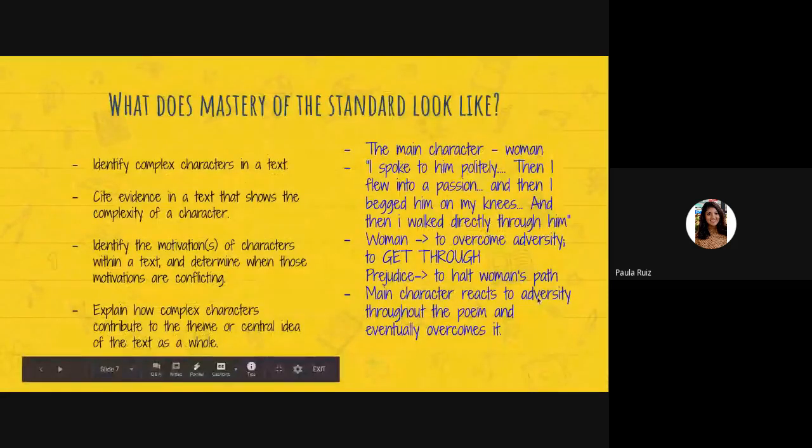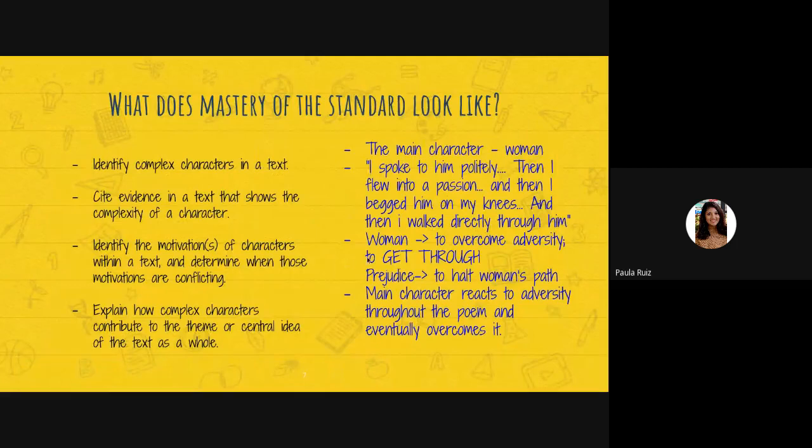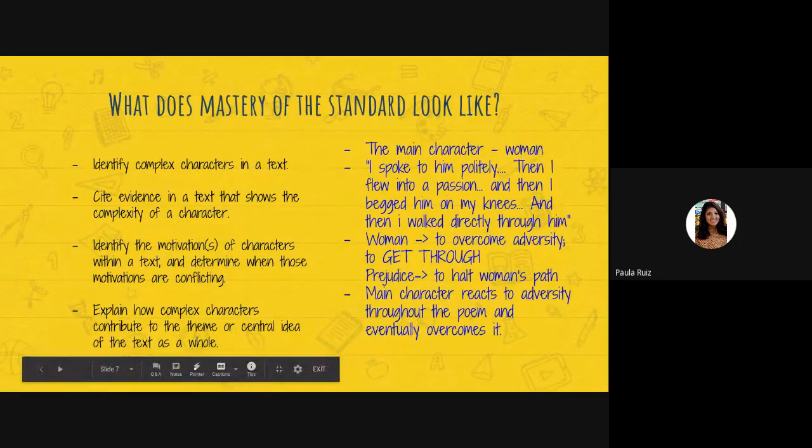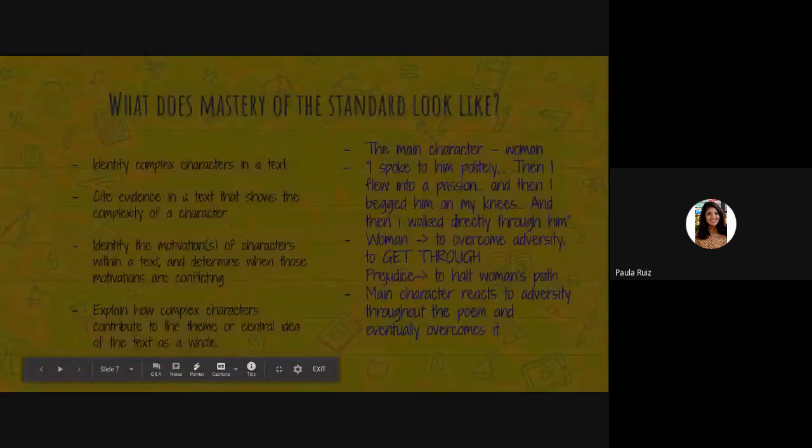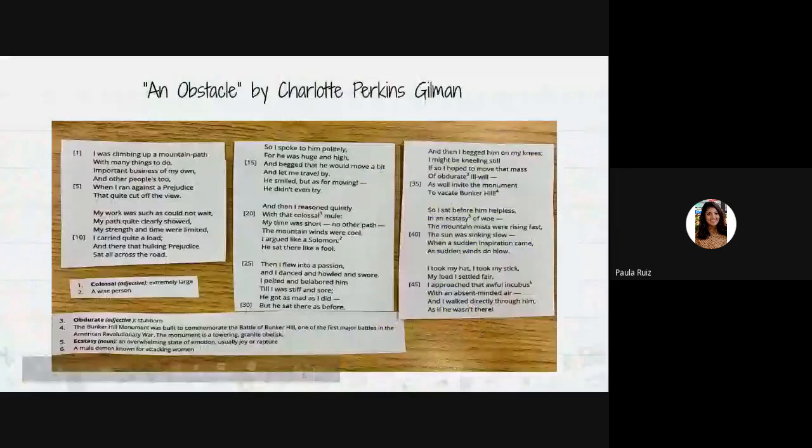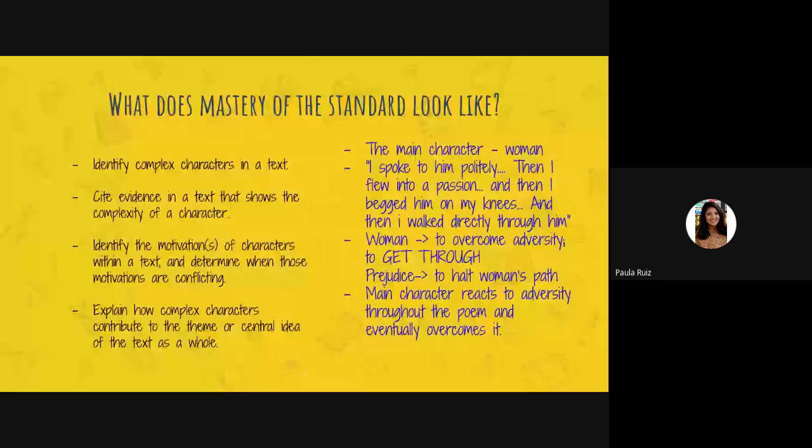poem. So this is how we've kind of checked off the four main things that come with mastering the standard. And another thing to point out real quick, when you're citing evidence, make sure that you are directly, word for word, putting in quotes what comes from the story, okay?